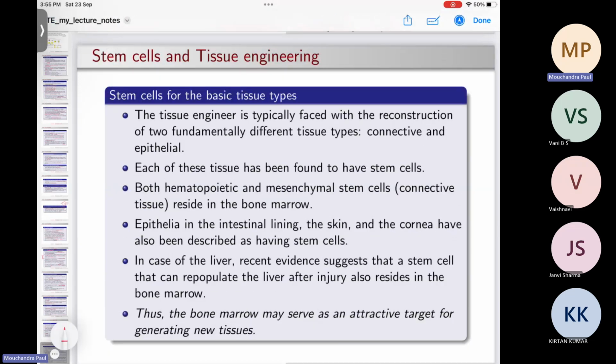Stem cells for the basic tissue types. Now, you know that human hepatocytes or cardiomyocytes do not grow well in culture, and for making artificial tissues you need to culture them so that they grow to a relatively large number of cells.